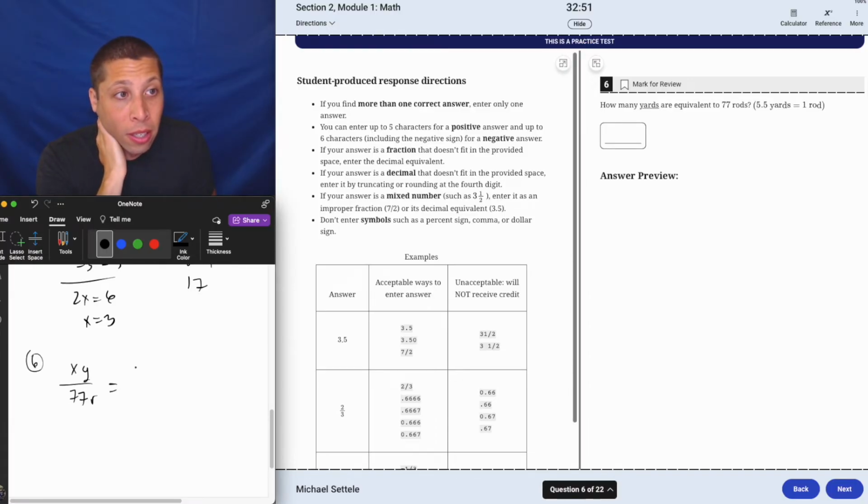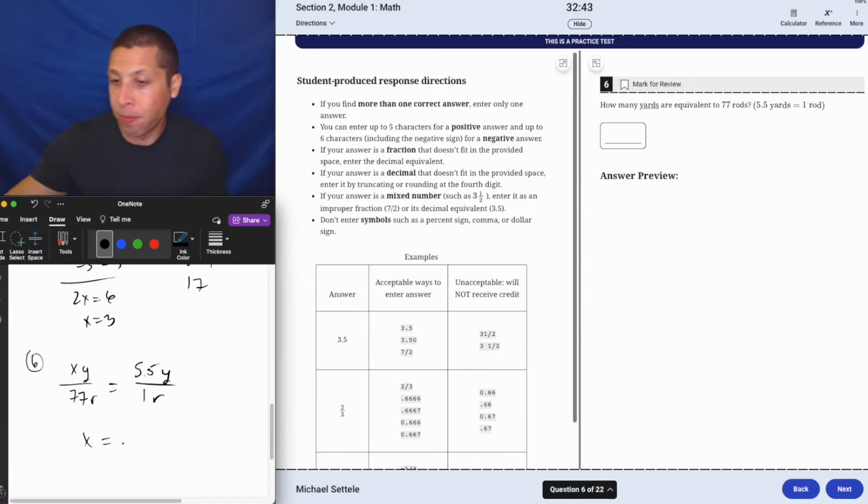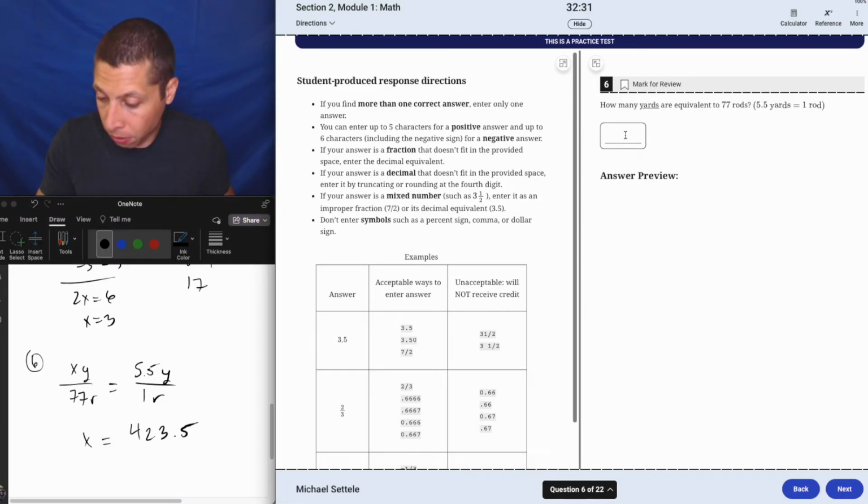We have 5.5 yards is equal to 1 rod. So cross multiply. x is equal to, going to use this calculator, 77 times 5.5 is 423.5. 423.5. Looks good.